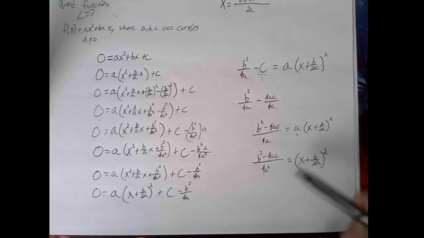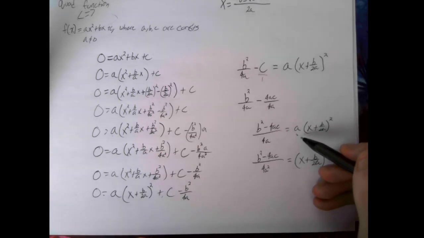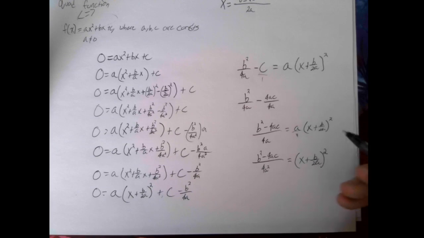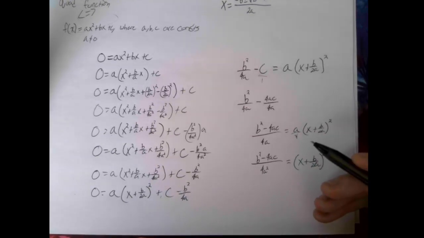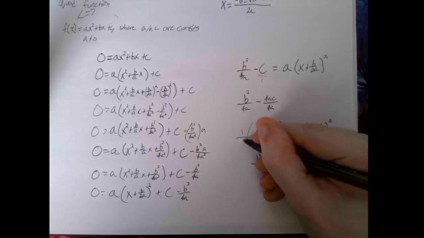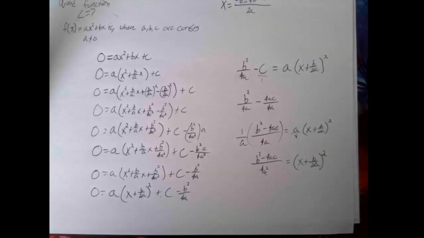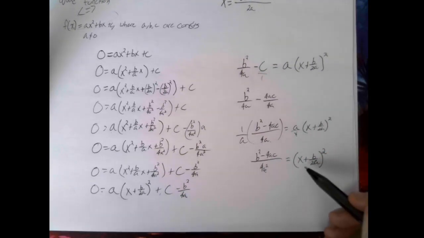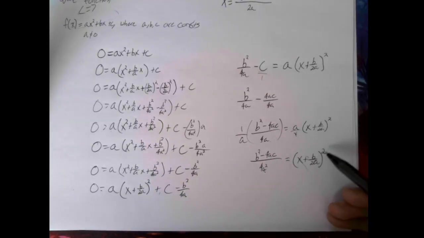Now we get 4a squared because, remember, if you divide a fraction by another fraction, because again this is a over 1, you flip the fraction that you're dividing by and multiply it. So this is really 1 over a. And that's how you get 4a squared from this. So now, in order to be able to manipulate these terms in here, we have to get rid of this square, right?